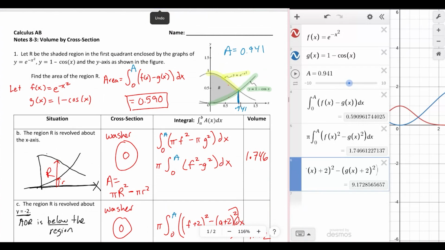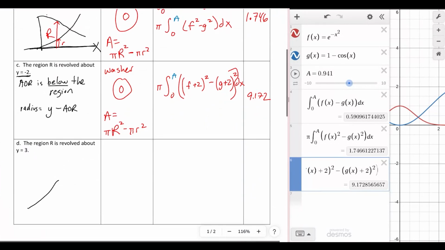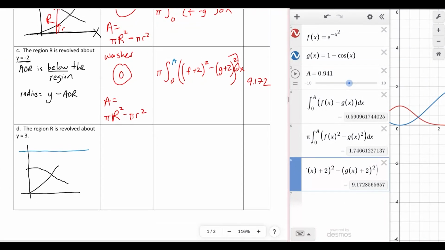Now, I want to show you the way to come up with that new radius, maybe down here. Let me just draw this diagram, just a little sketch here. If my axis of revolution is somewhere up here, the small radius is right here.